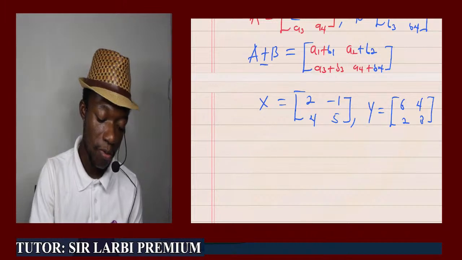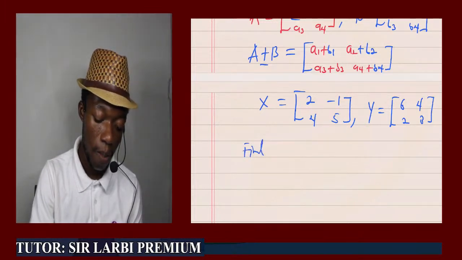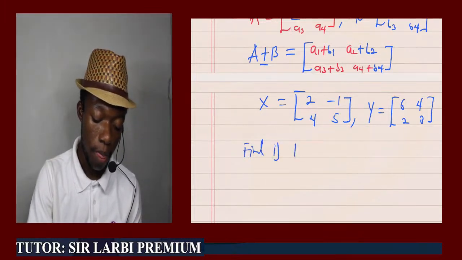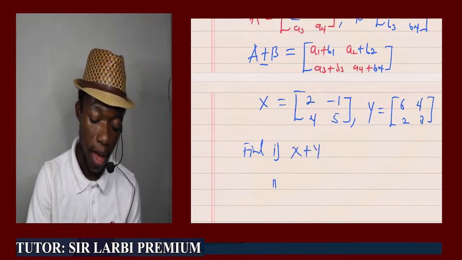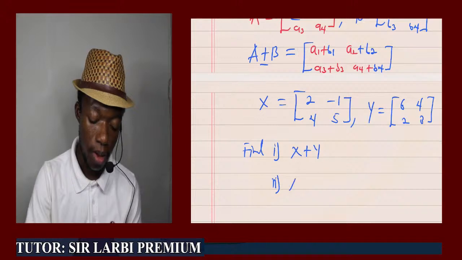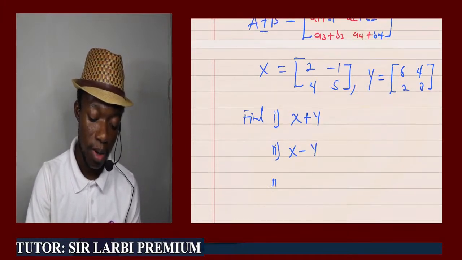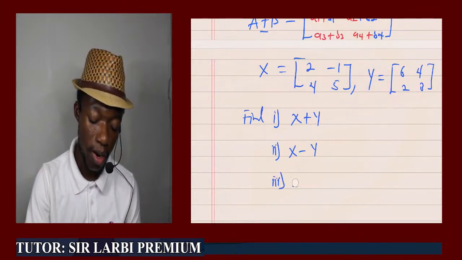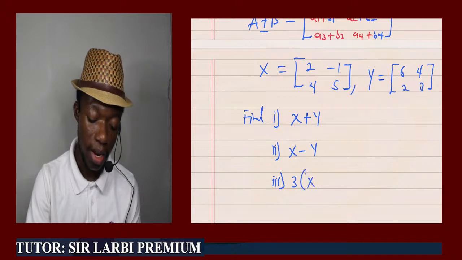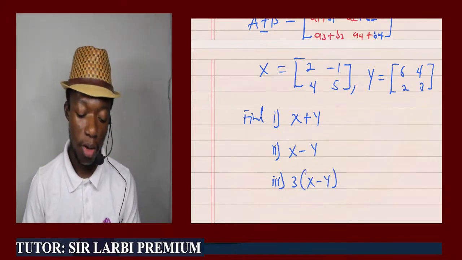So we are asked to find, one, X plus Y. Two, X minus Y. And then the last one, three, we are asked to find 3 into bracket X minus Y. So how do we go about this?